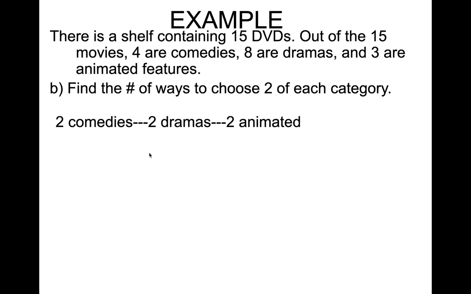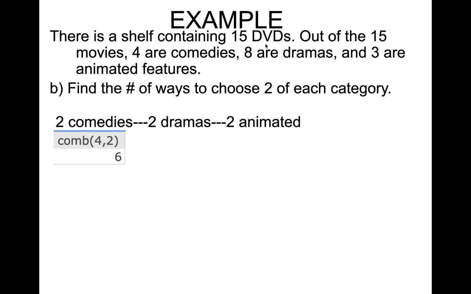So when I do that combination thing, data, expression, on StatCrunch, I'm going to do this, because there are 4 comedies and I want 2 of them. And notice I get an answer of 6. And I'm going to do the same thing for dramas.